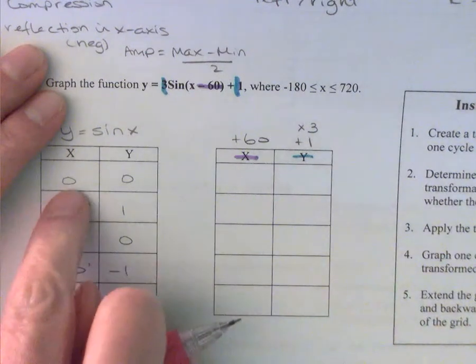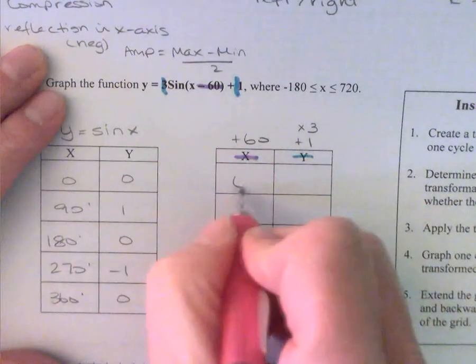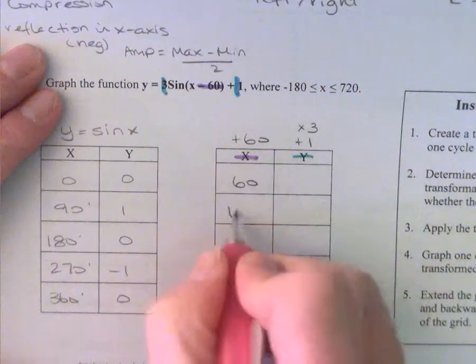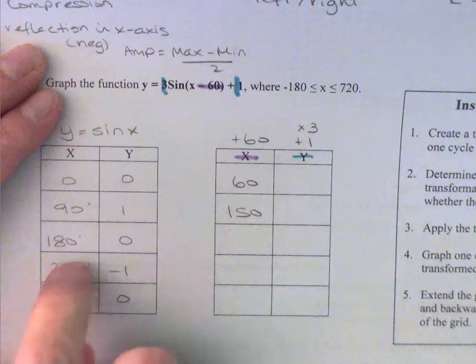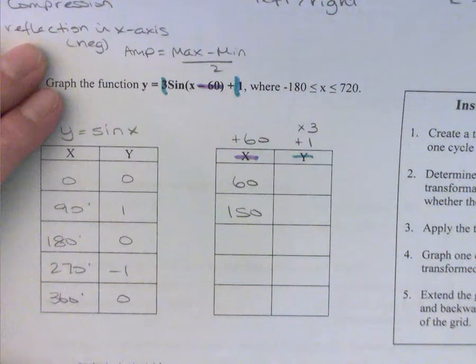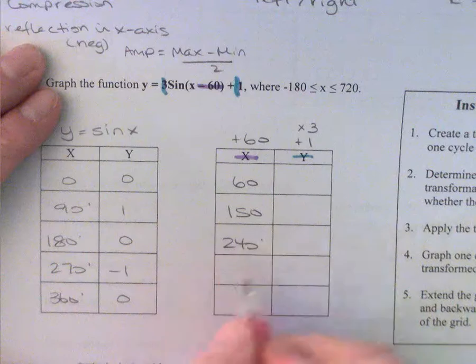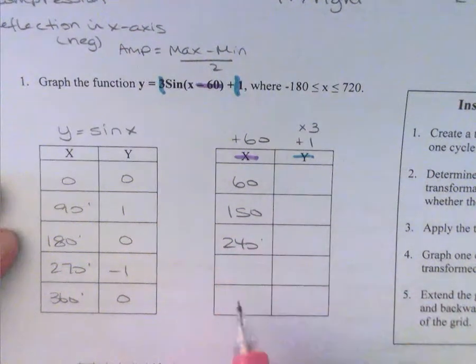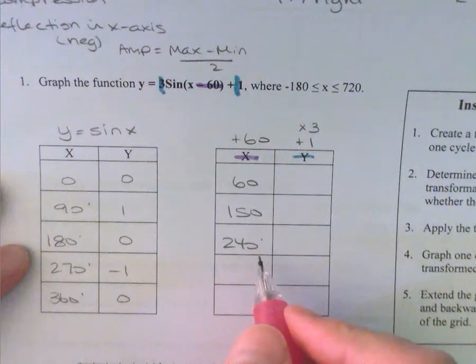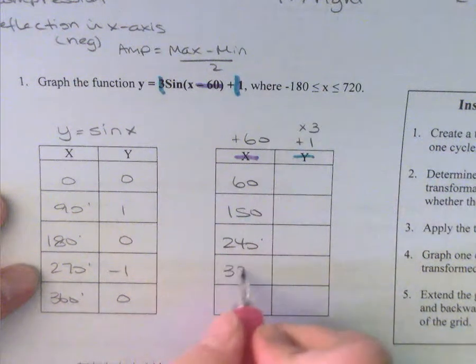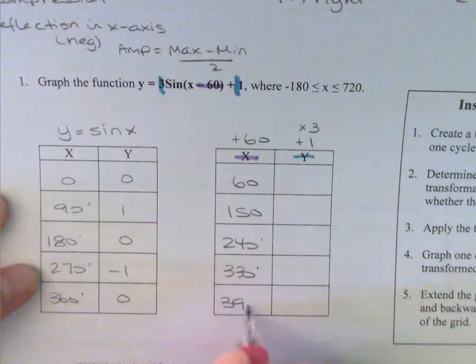So I'm going to do 0 plus 60 is 60. 90 plus 60 is 150. 180 plus 60 is 240. And you'll see that they're all going up by the same amount. That will give me 330, and this will give me 390.